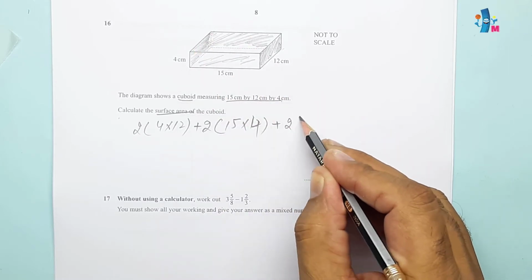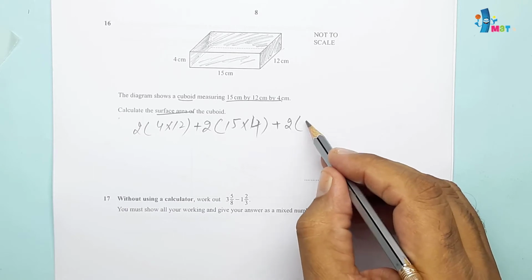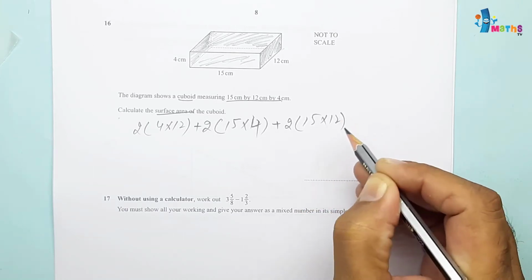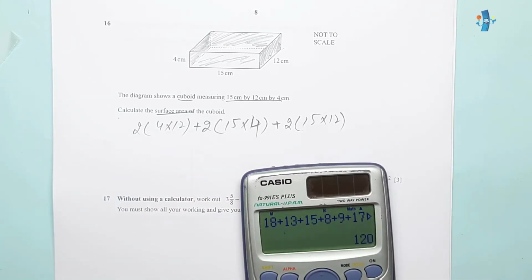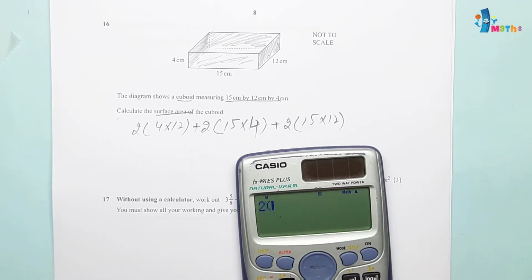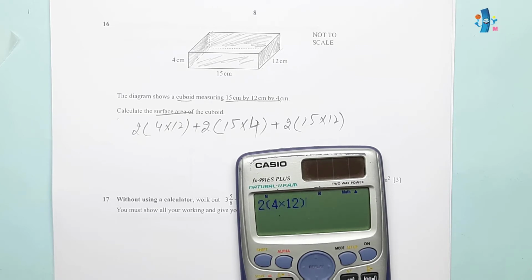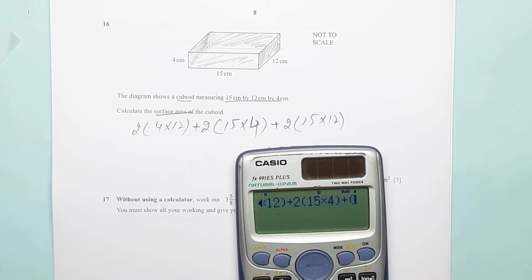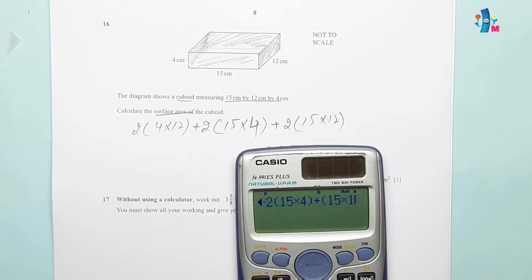Base and the top will be 15 into 12. So this will be the surface area which we can check: 2 into 4 into 12 plus 2 into 15 into 4 plus 15 multiplied by 12.